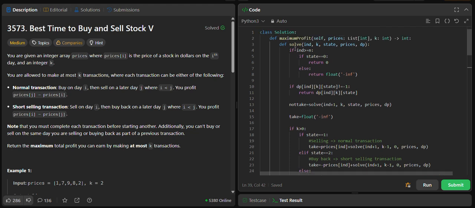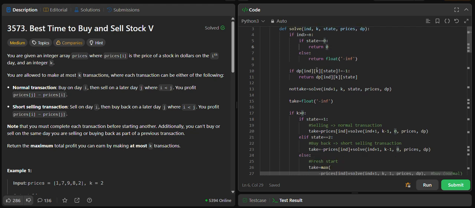So first we have the base case. If the index reaches the end of the prices array, then we first check if we are at state equal to 0, that means we are not making any transaction, so we return 0.